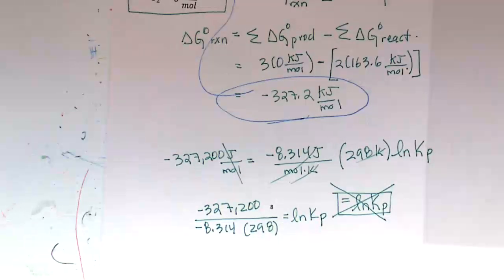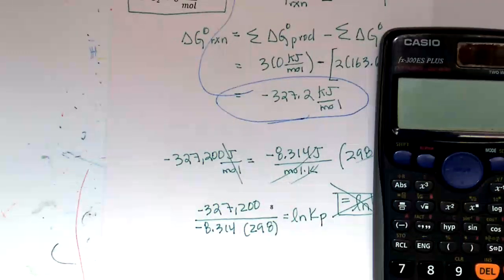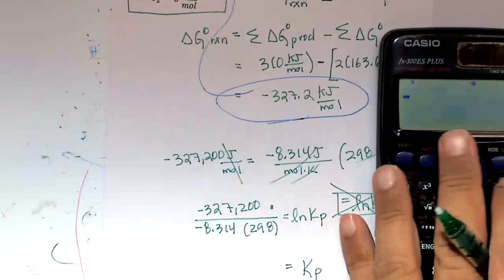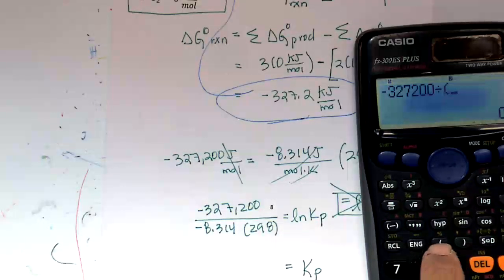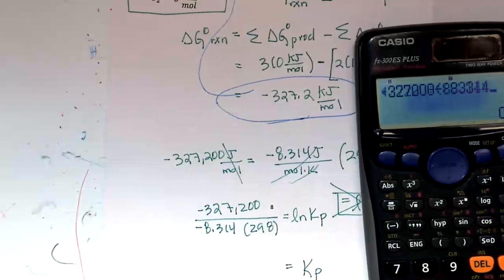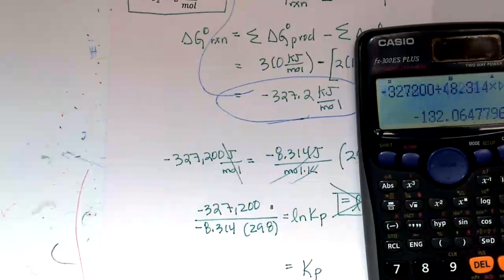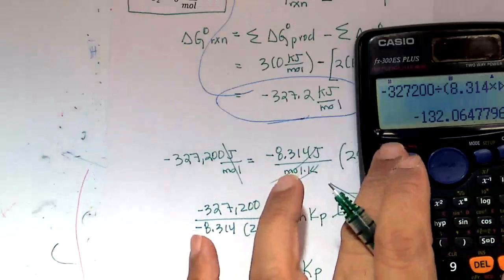Do you know how to solve for Kp here? We will take E to the power of this value to give us Kp. Minus 327,200 divided by 8.314 times 298 is minus 132.06.